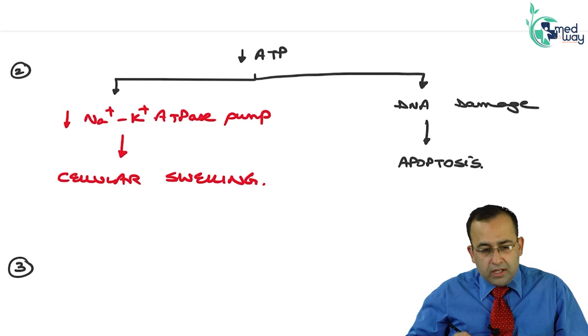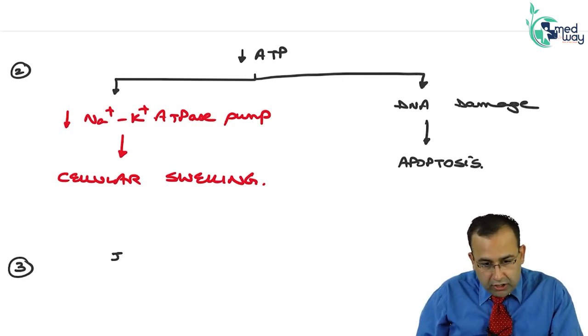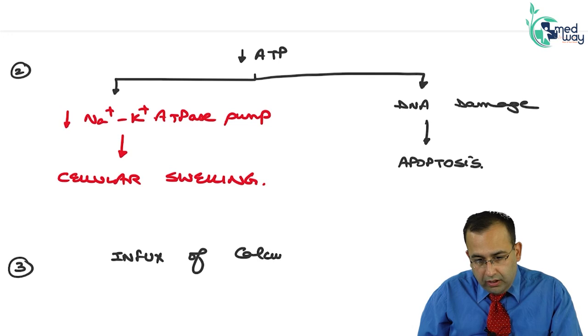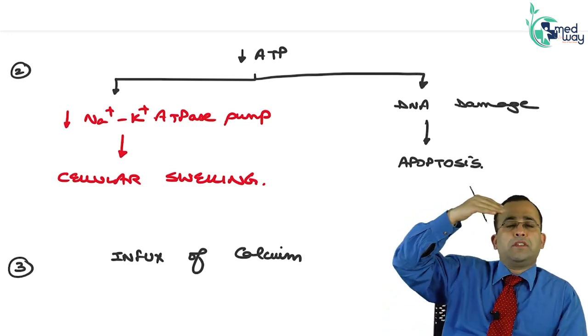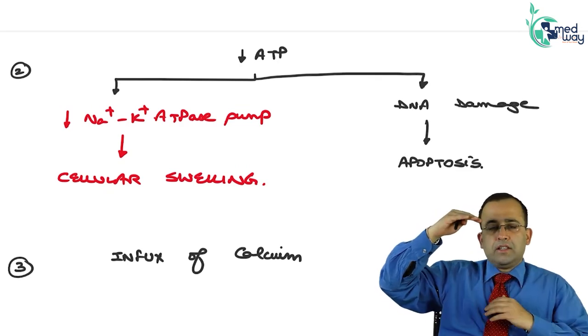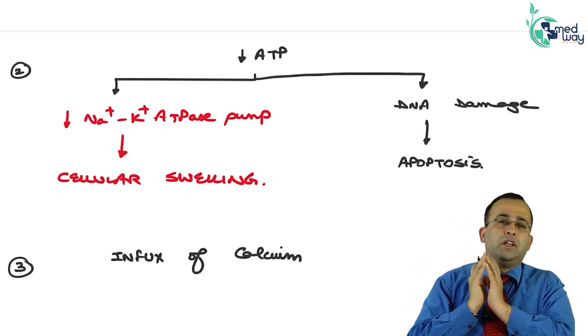Next, the next biochemical mechanism of cell injury is influx of calcium. Calcium कहाँ पर ज़्यादा है? Calcium is more extracellularly. Extracellular calcium is 10,000 times that of intracellular calcium.